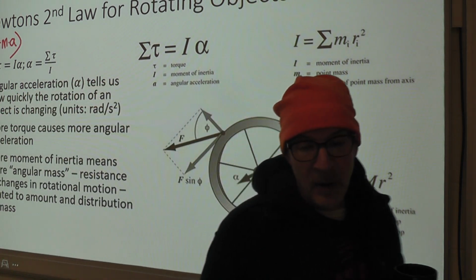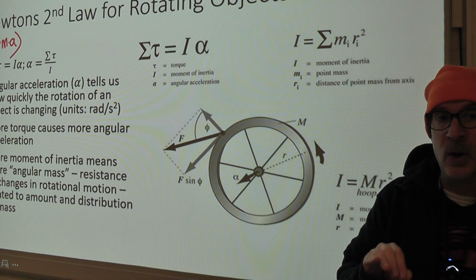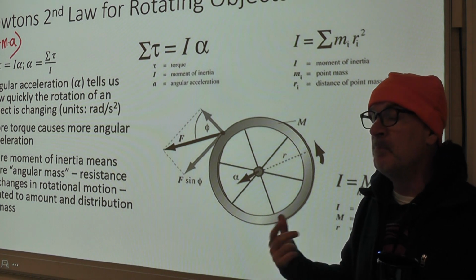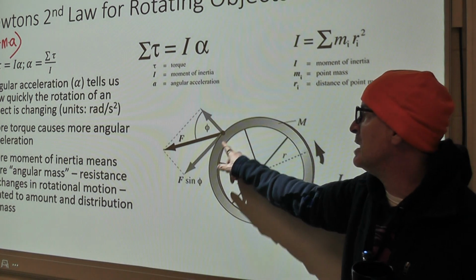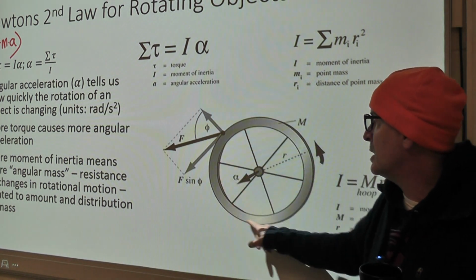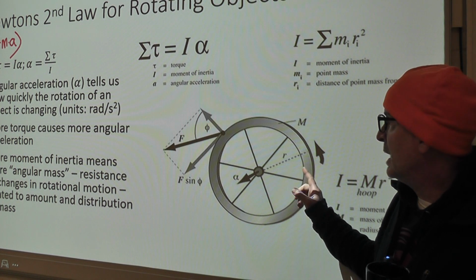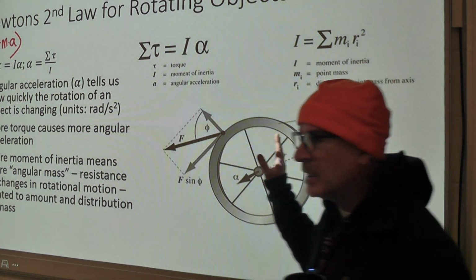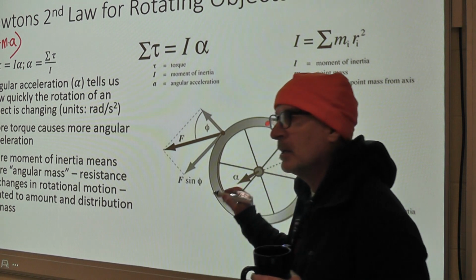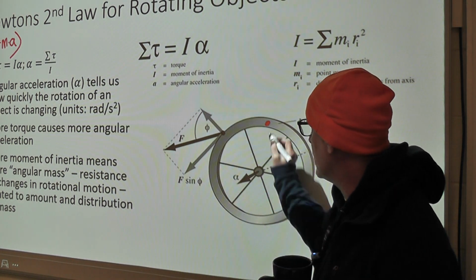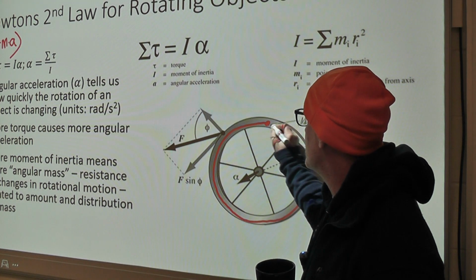When we talk about moment of inertia, many of you are going to think, okay, well, we can calculate it. And many times that's true. If we have uniform objects or very nearly uniform objects like this, then we can say that this is really similar to an object with an infinitely thin radius, where all the mass is located at the exact same distance from the center of rotation.